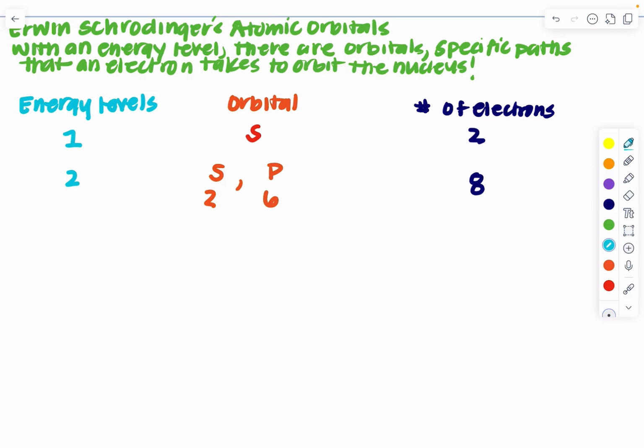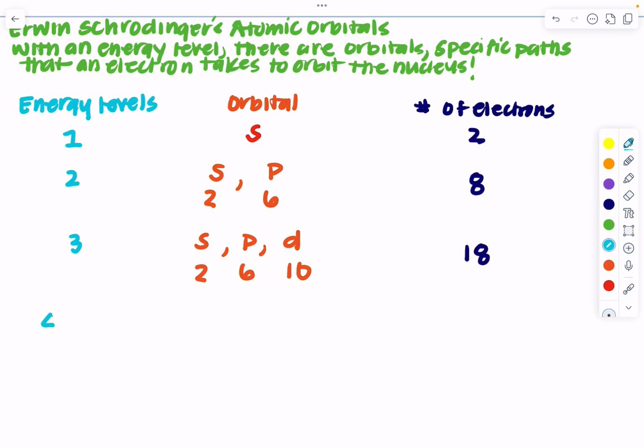In the third energy level, we have an s orbital, a p orbital, and a d orbital. In the s orbital, we can fit 2 electrons. In the p orbital, we can fit 6 electrons. In the d orbital, we can fit 10. This is going to give us a total number of 18.